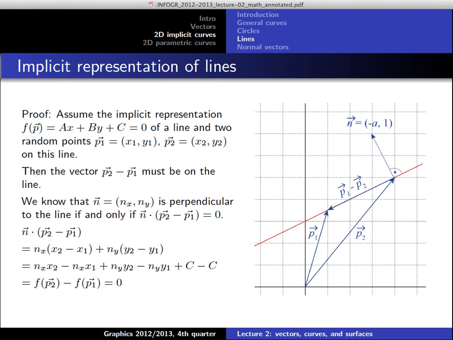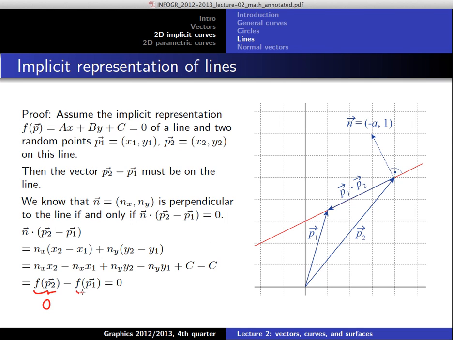And we do that by taking just two random vectors on the line, building the difference of them, which is then a vector on the line, as you see here in the image, multiply that with the normal vector, do this simple arithmetic transformation that you see here, and then if you arrange the values cleverly, you see that one of them is f of p0, which must be 0 because p2 was chosen as a vector pointing to the line, so the equation must be 0 for the line, that must be fulfilled.